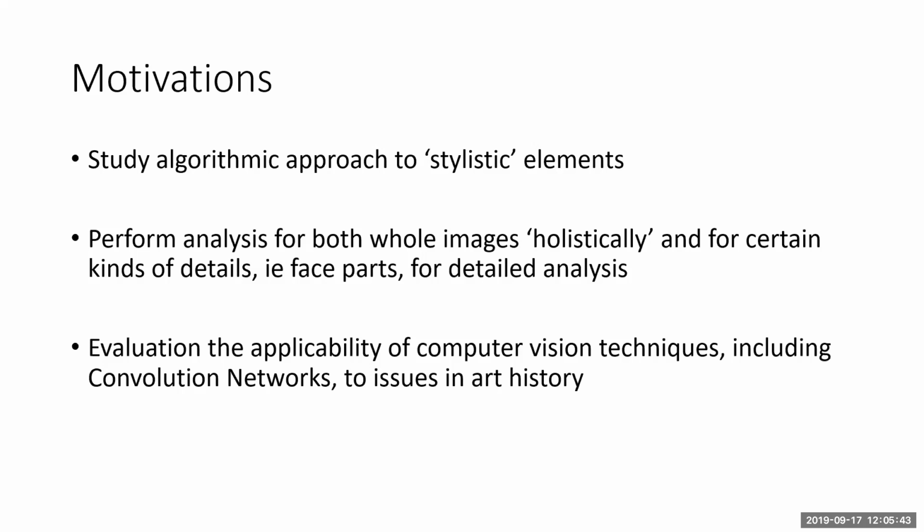The Morelli machine is an idea that was proposed in the late 1800s by a person named Morelli, who said, look, you can look at authorship by comparing fine details of a painting, how someone might paint a hand or an ear. Of course, he didn't actually identify what counts as a style, but that was his proposal.